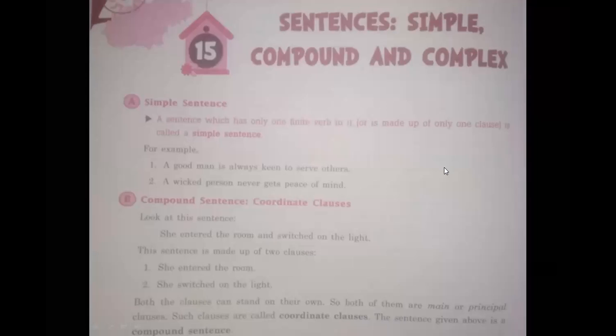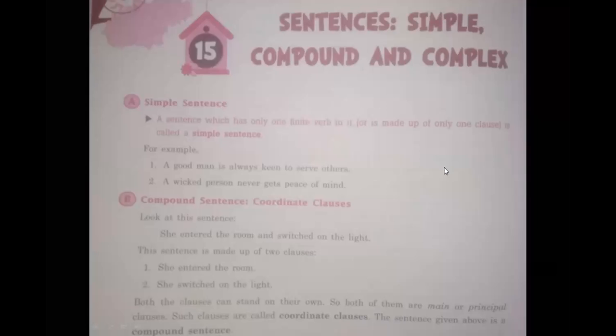Now let's talk about the compound sentence. This is called a coordinate clause also. Look at this sentence: she entered the room and switched on the light. This sentence is made up of two clauses. She entered the room.